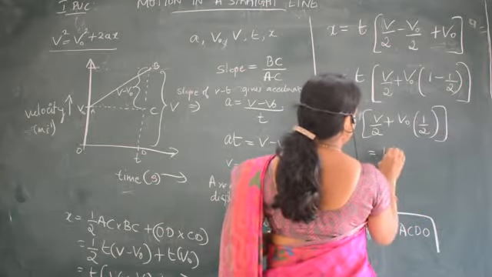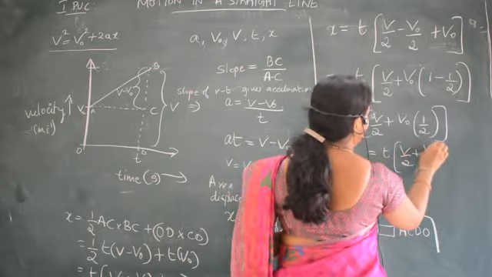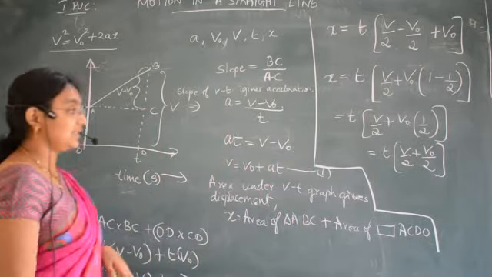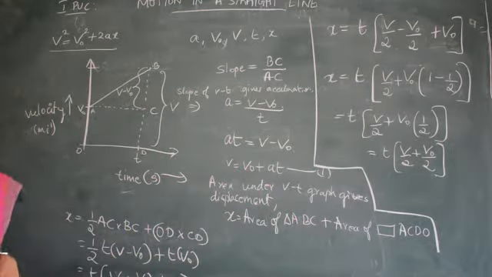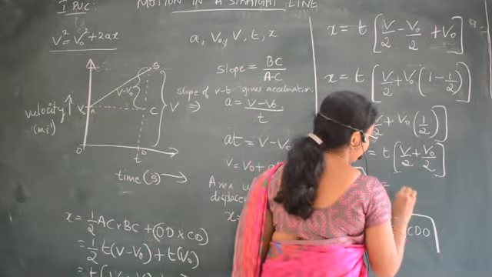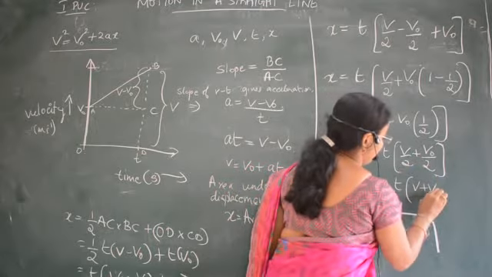Can I write it as T into V by 2 plus V naught by 2? Correct? Am I right? Now, instead of this, what next step can I move for? Can I write it by taking common denominator? Yes, T into V plus V naught by 2.